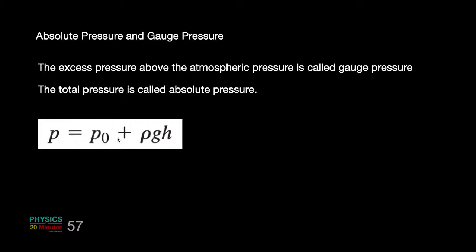The fluid pressure is the excess pressure over the atmospheric pressure. Atmospheric pressure is there everywhere; it works on all the points. Fluid pressure keeps varying, and that is an excess. This part of the pressure equation is called gauge pressure. Please remember this. The total pressure is called absolute pressure, so this plus this.